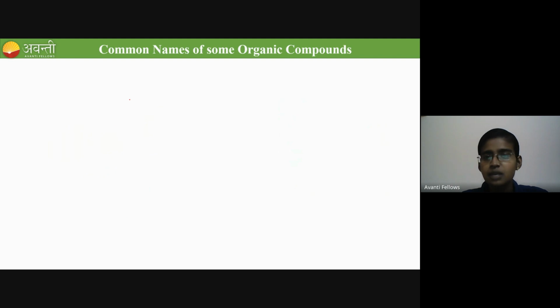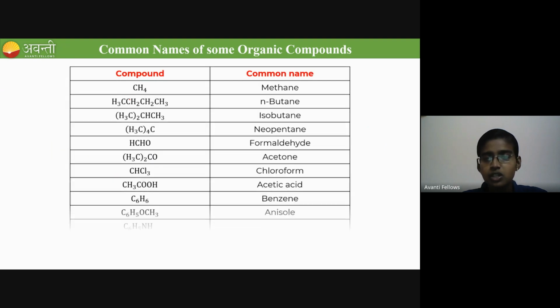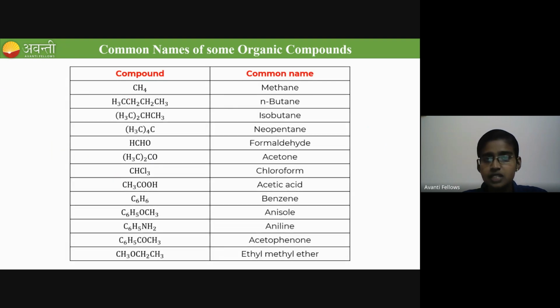Let's see some more common names of some organic compounds. You can see a tabular column on your screen. CH4 is named methane. If you have 4 carbons, it is n-butane. 4 carbons with a branched chain is called isobutane. The other one is neopentane.